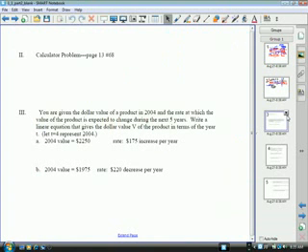Oh, yeah. Well, let's just take a look at it real quick and at least talk through it. So, page 13, 68. Oh yeah, we did most of this.